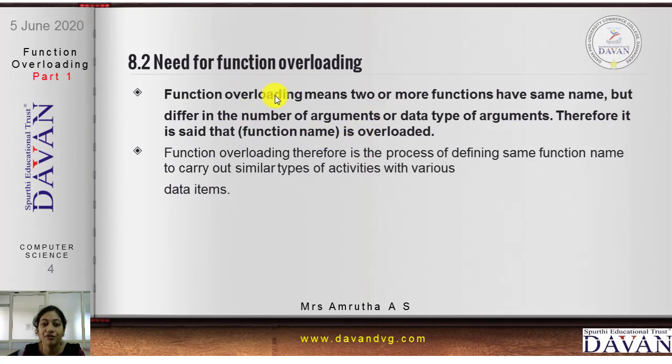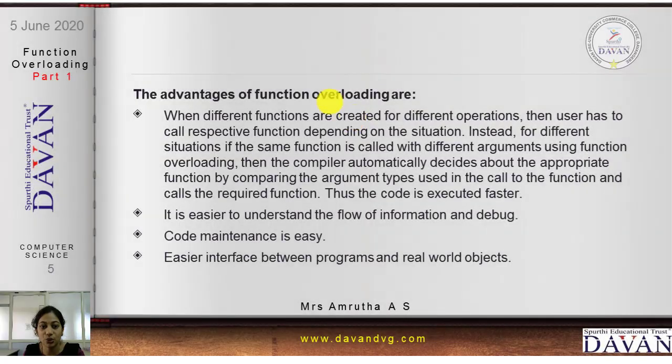Function overloading, therefore, is the process of defining the same function name to carry out similar types of activities with various data items. The same function name will be used for multiple functions doing a similar kind of task; only the number and types of arguments change. That is called function overloading.